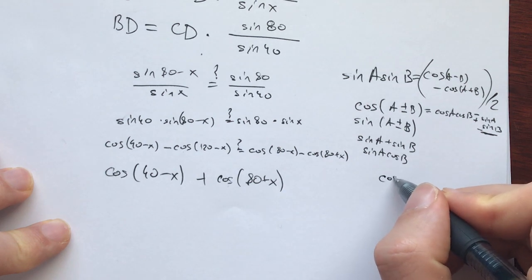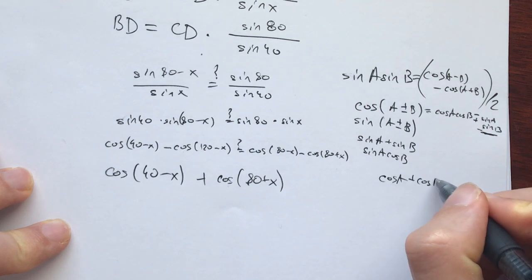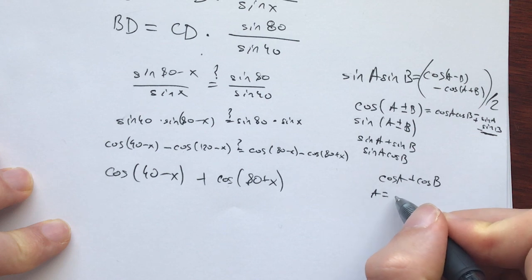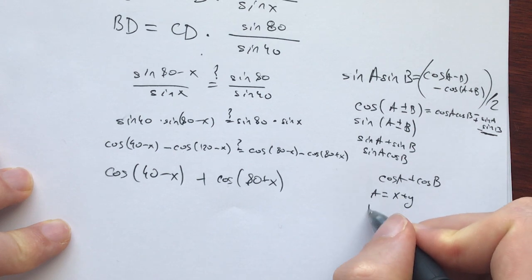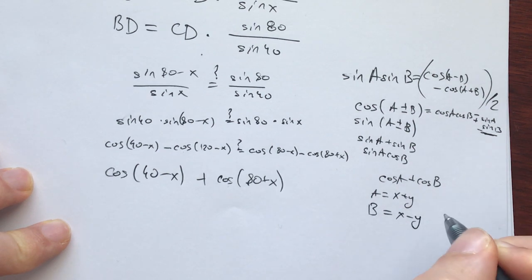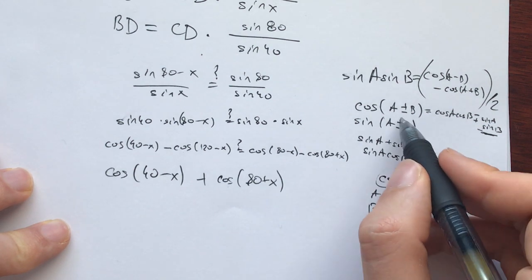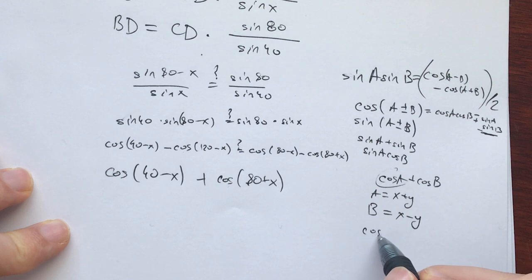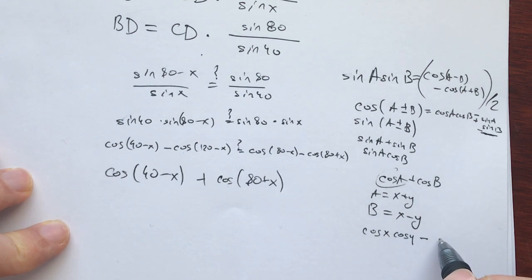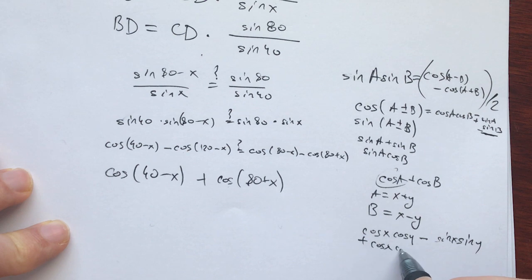Because if you want cosine of A plus cosine of B, if you set A to be equal to x plus y and B to x minus y, where x, y are some other numbers, you will get this thing right here will be equal to cosine x, cosine y, minus sine x, sine y, and this other thing will be equal to cosine x, cosine y, plus sine x, sine y.